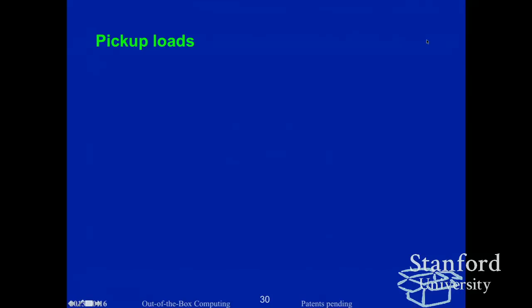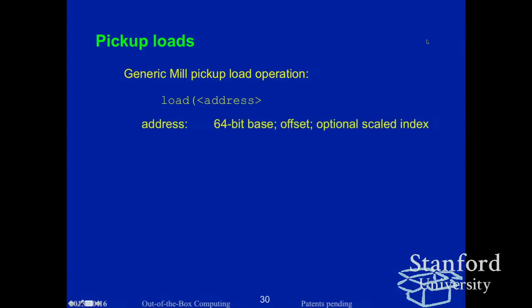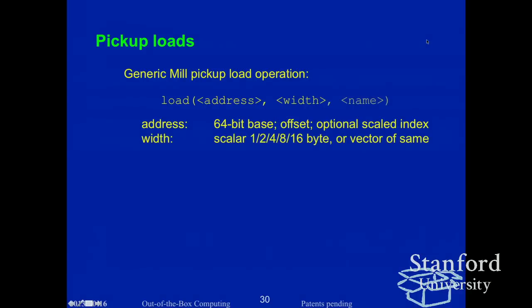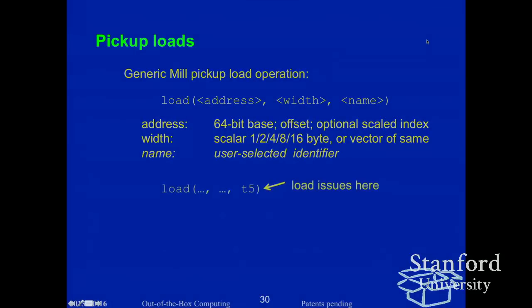So instead, we define what we call pickup loads. A pickup load operation looks very much like a deferred load operation. You have an opcode, you have an address, you have a width, but instead of a delay, you supply a program selected name, which identifies this particular load. The load issues there. The example uses T5 for a name.